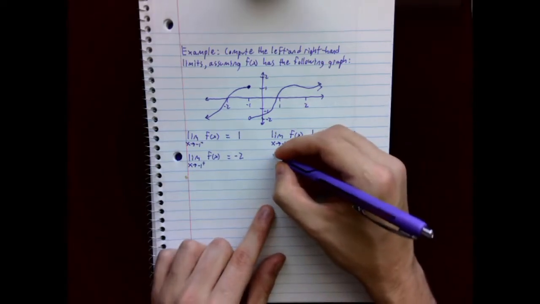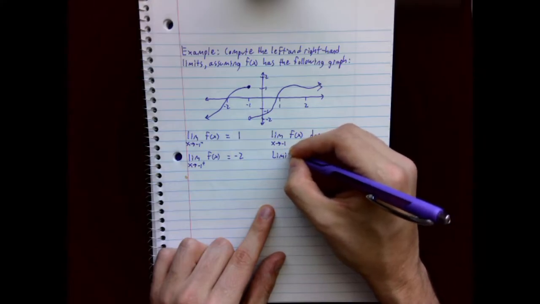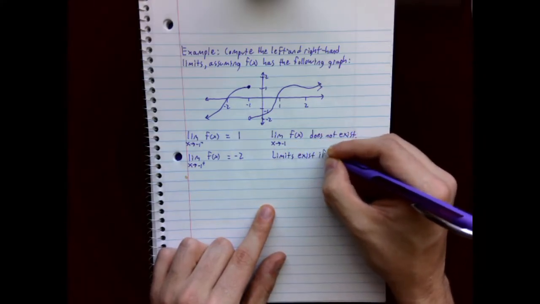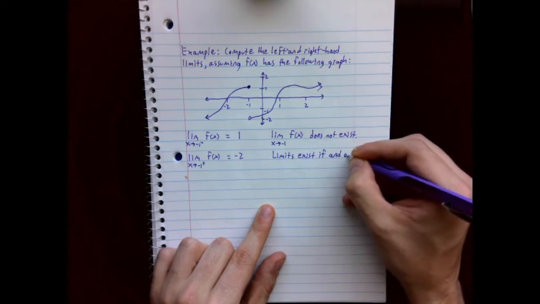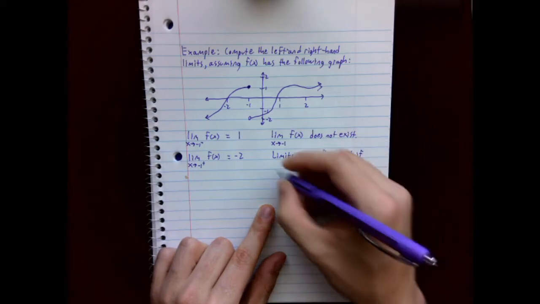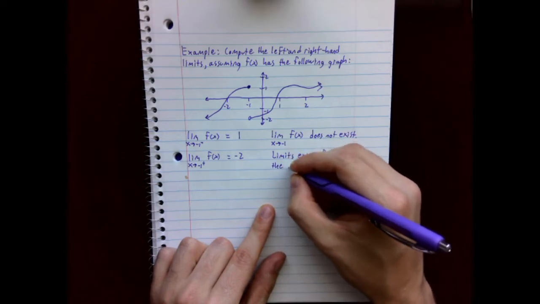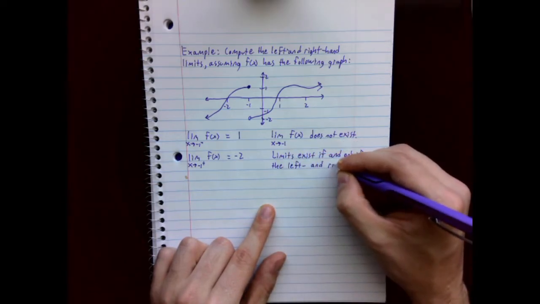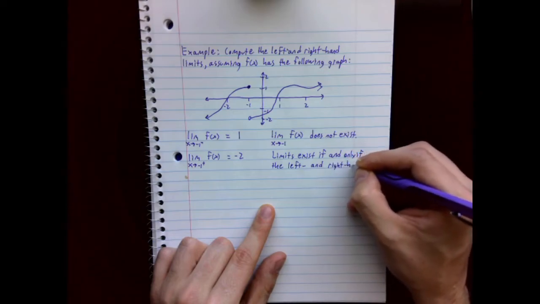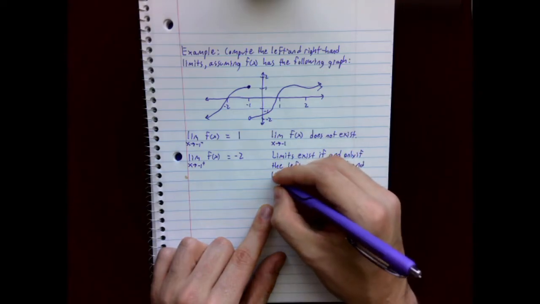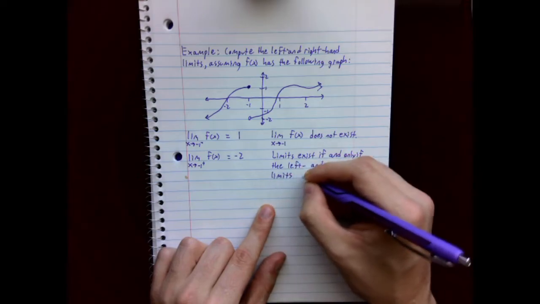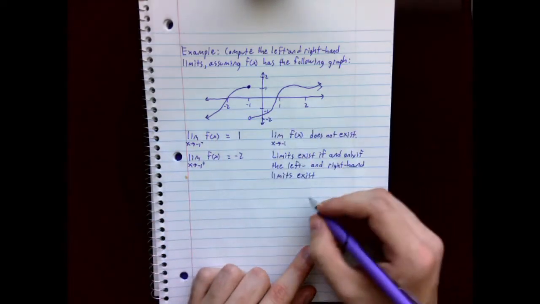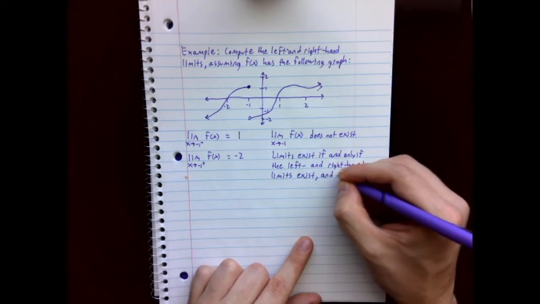And the point to be made here is that limits exist if and only if the left and right-hand limits exist. So they have to exist first, so these cannot be undefined, and are equal.